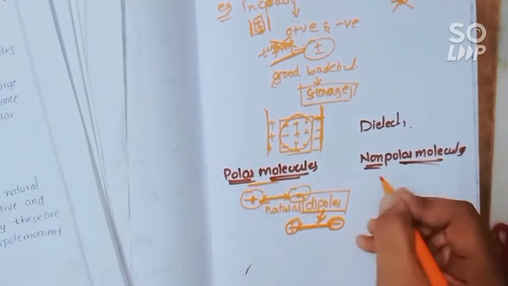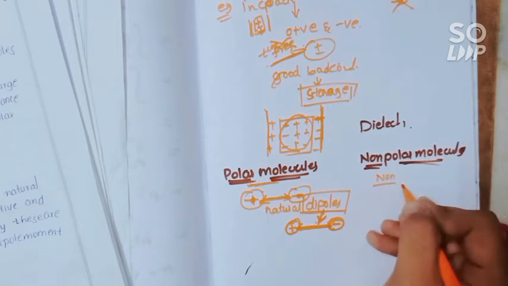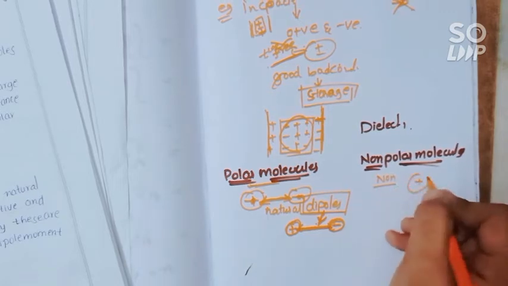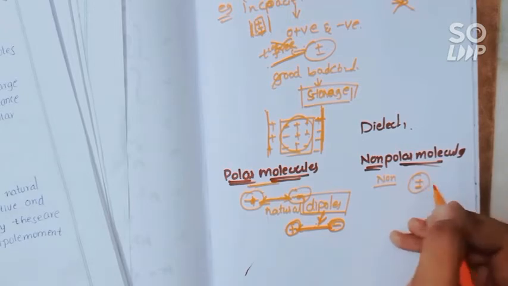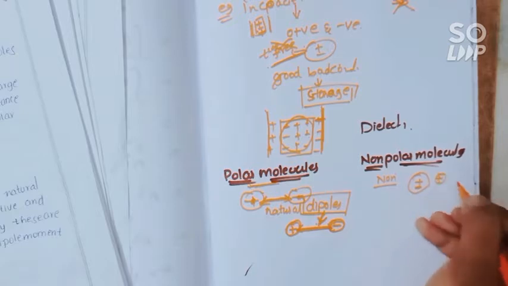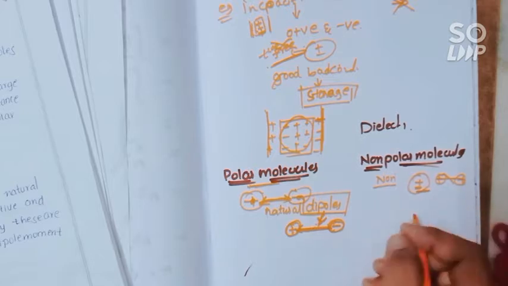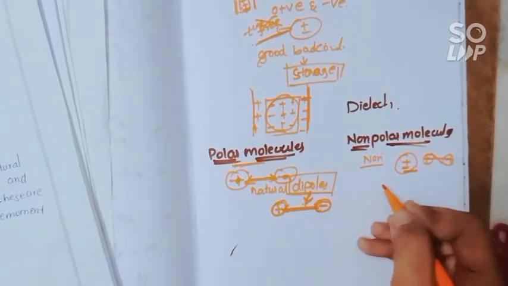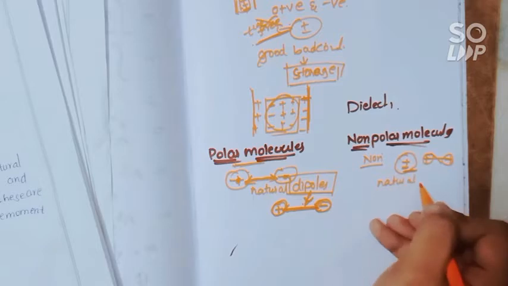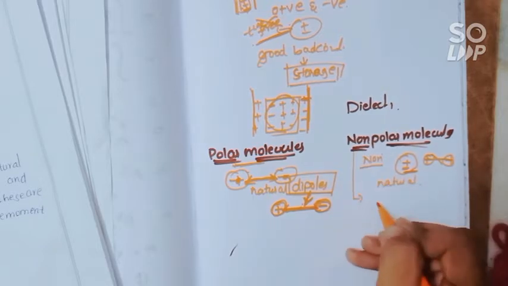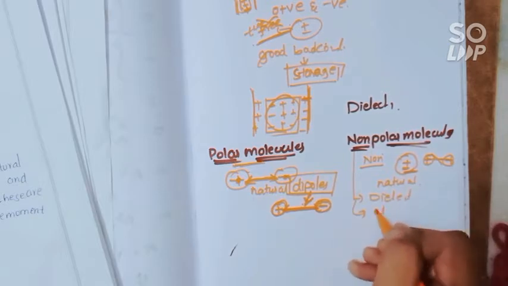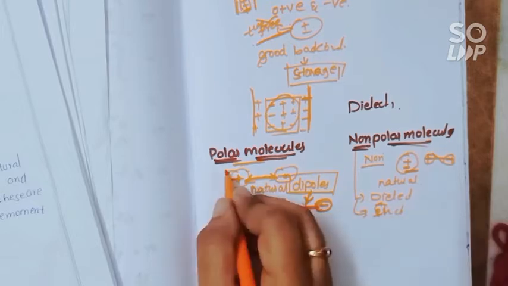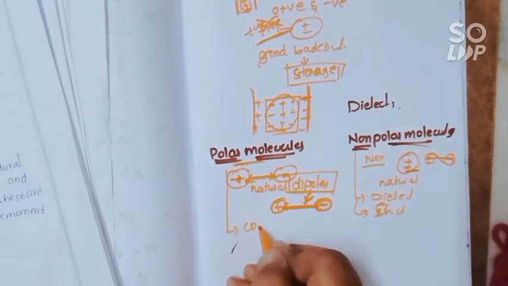And non-polar molecules: when we come to a non-polar molecule, the positive and negative charges are bound together. There is no separation distance between the positive charge and the negative charge. They are combined with each other, and natural dipoles are not present in a non-polar molecule. Examples of non-polar molecules are dielectrics, insulators, etc. Examples of polar molecules are conductors.